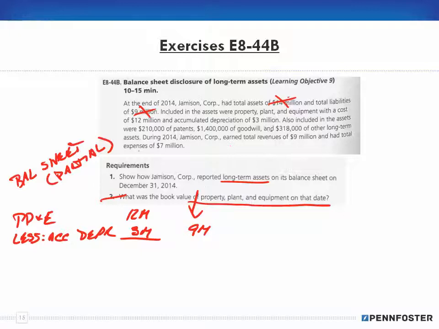Right. Now, also included in the assets were $210,000 of patents, so we would have patents of $210,000.